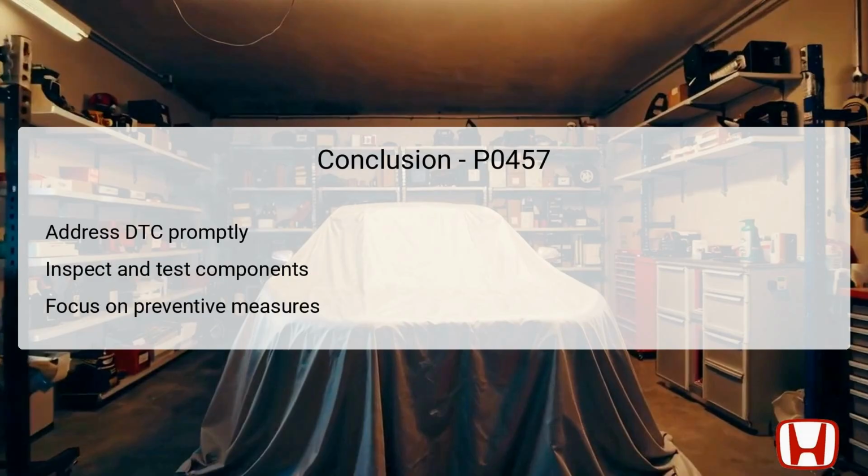Furthermore, implementing preventive measures, such as regular inspections and educating drivers on proper fuel cap usage, can significantly decrease the frequency of such issues. By understanding the significance of the EVAP system and the implications of DTC P0457, technicians can foster better emissions control and enhance vehicle reliability.